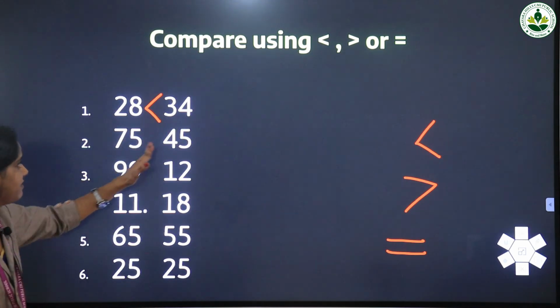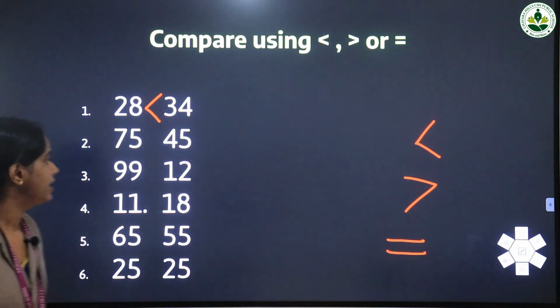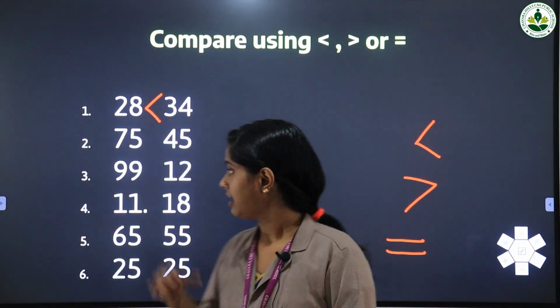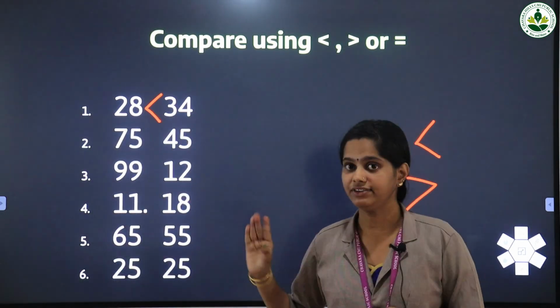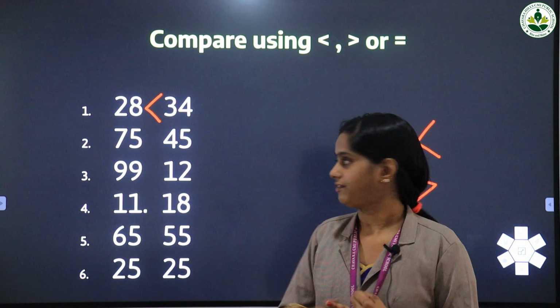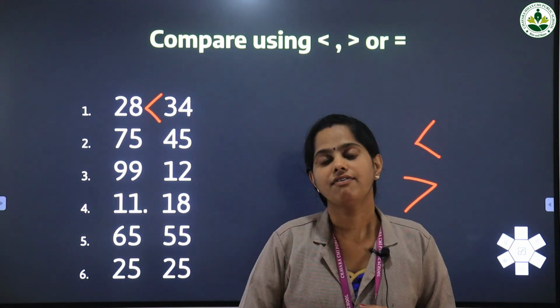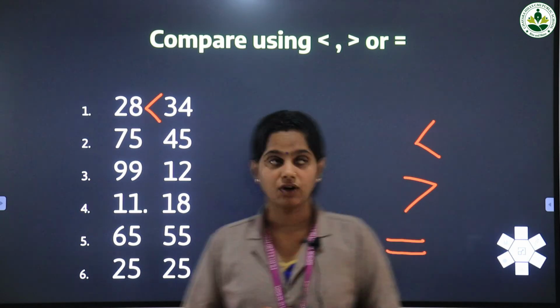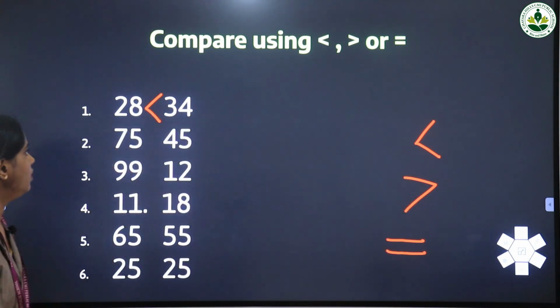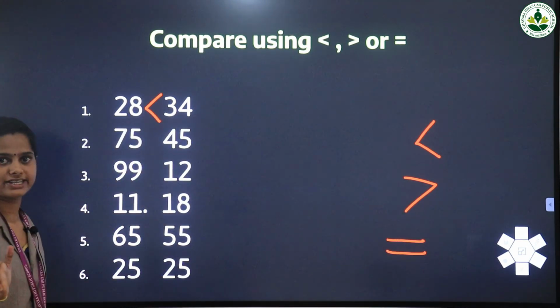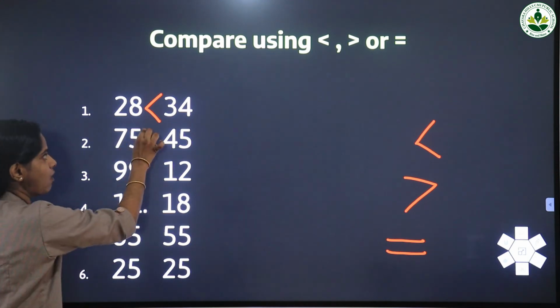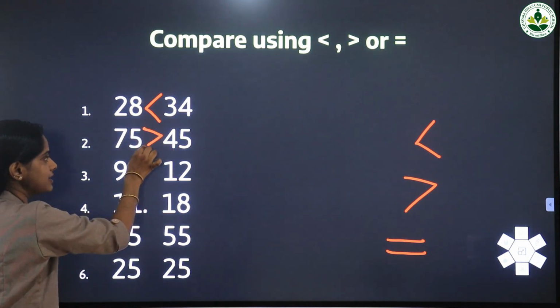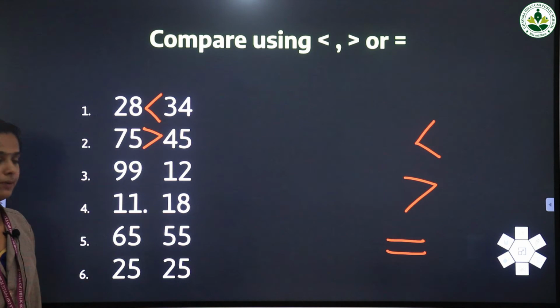Okay, next 75 and 45. In 75 there are 7 tens and 5 ones. In 45 there are 4 tens and 5 ones. So here 7 tens, so 75 is the biggest number. So we place the open mouth towards the number 75.